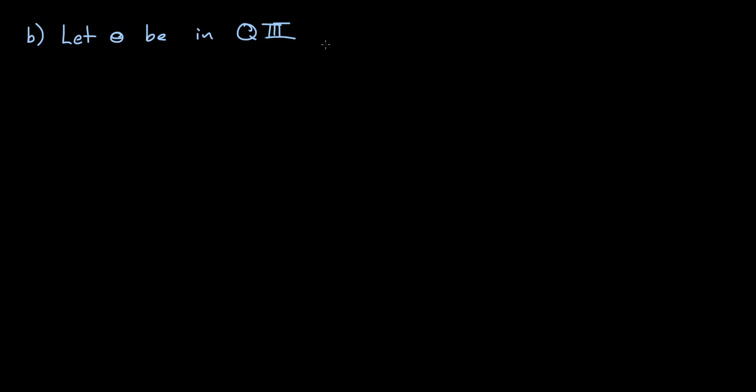Beyond that, I'm also told that the sine of theta is negative 4/5. And all I want us to do is just one of these. I lied. I want us to find two. I want us together to find the secant of angle theta and the tangent of angle theta.